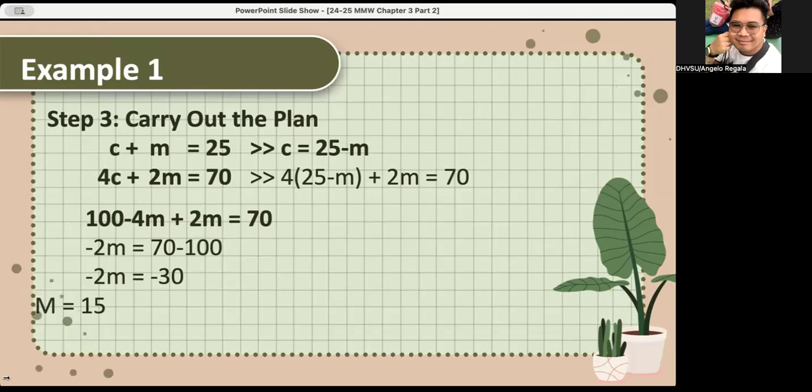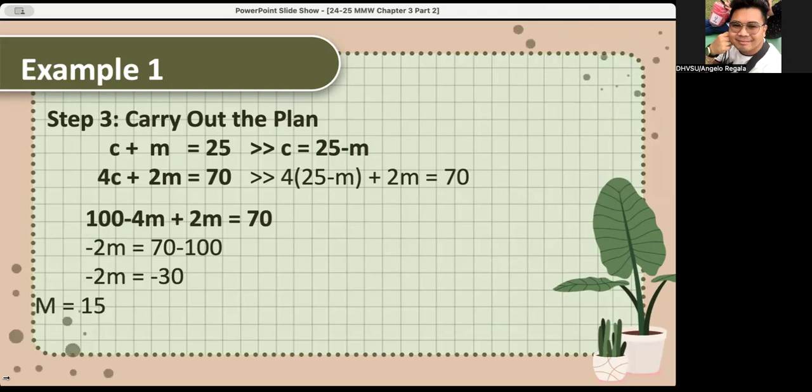Multiply 4 times 25 is 100, minus 4 times M is 4M, plus 2M. Transpose 100 to the other side, then combine like terms. So we have negative 4M plus 2M is negative 2M equals 70 minus 100 is negative 30. So divide both sides by negative 2, since we're looking at the number of motorcycles. Negative 30 divided by negative 2 is positive 15. Therefore, there are 15 motorcycles.